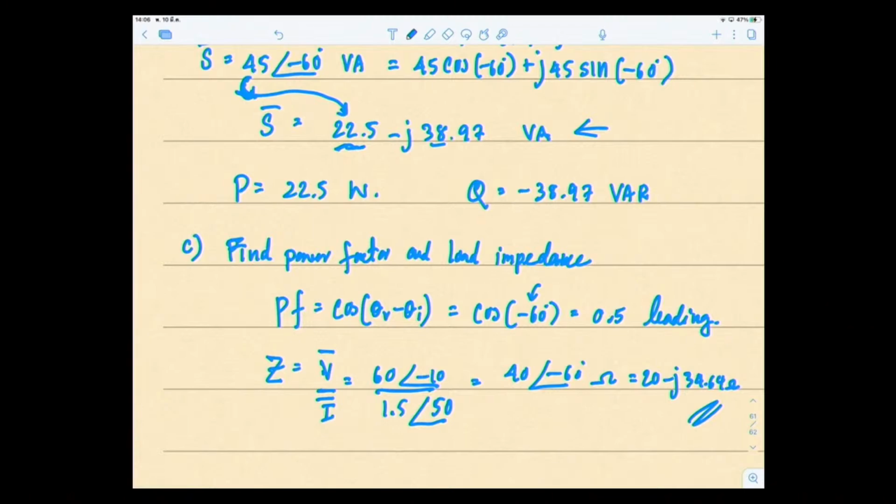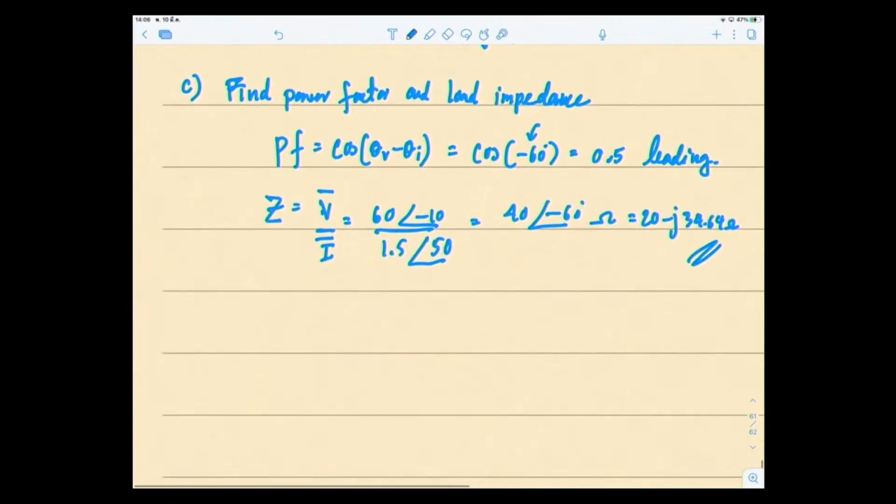Okay, all right. Another example. Let's go through another example before we are done with power, the formula for power.